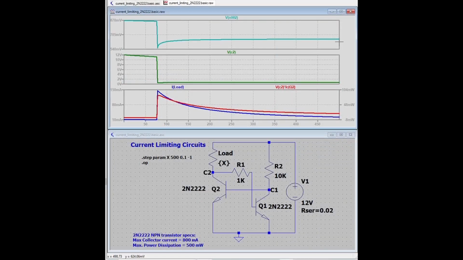Look how the base of Q1 has been below 0.7 volts, until it rises to 0.87 volts.